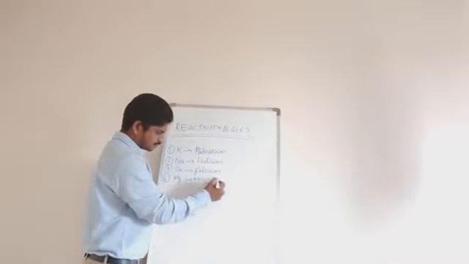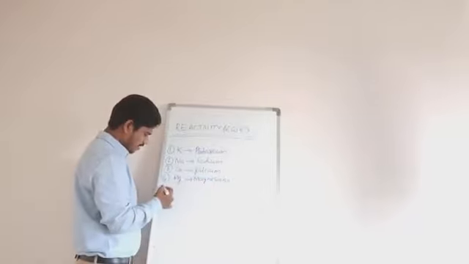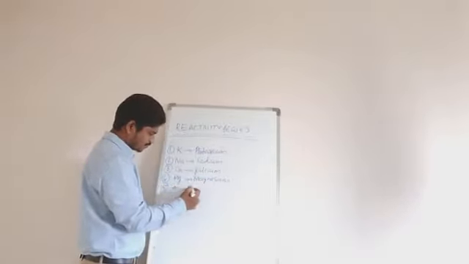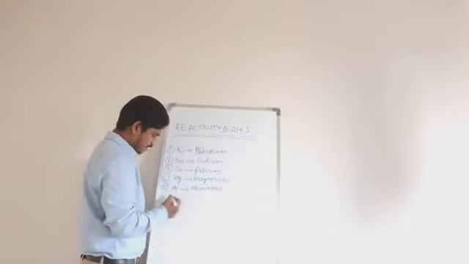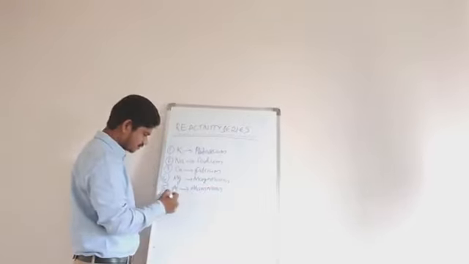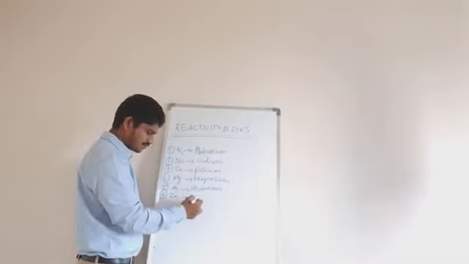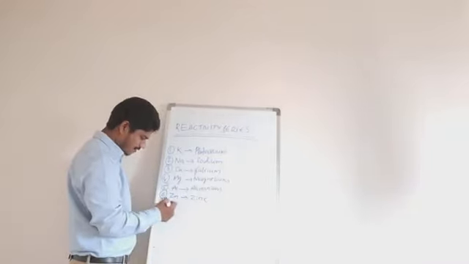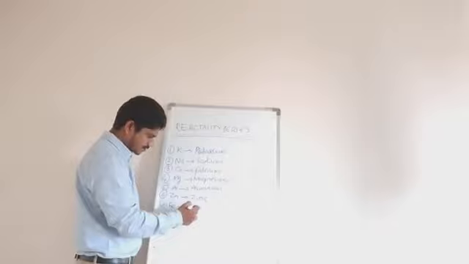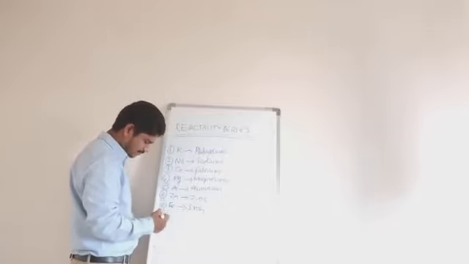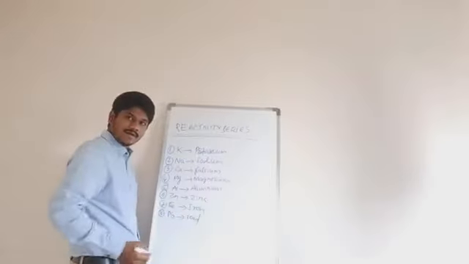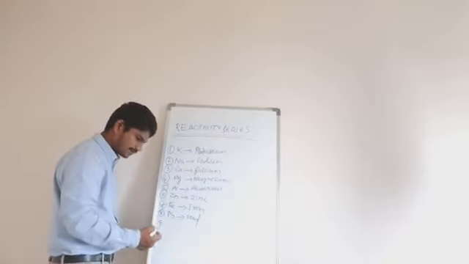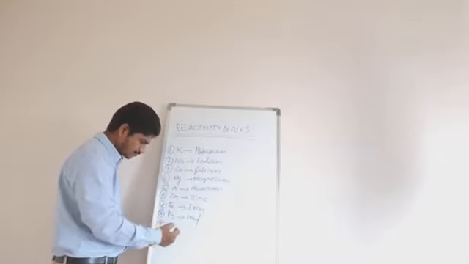Mg. Then we have aluminium here. Then we have zinc, Zn. Then we have Fe. Fe is iron. Then Pb, that is lead. Then we have hydrogen, H.